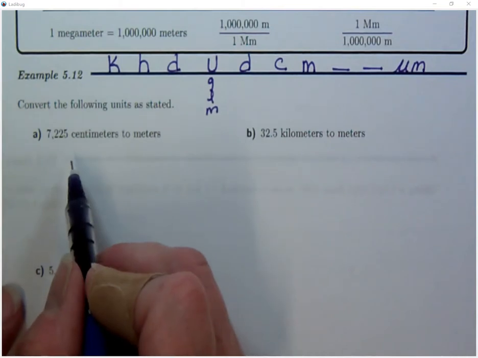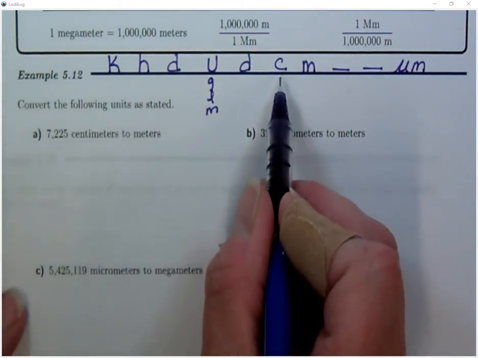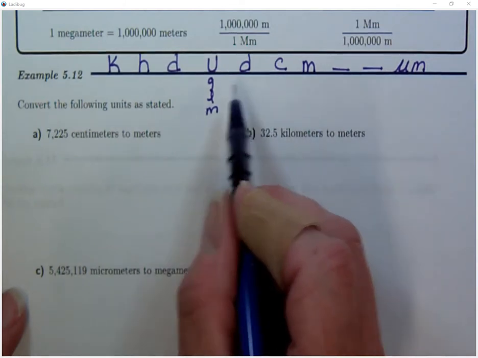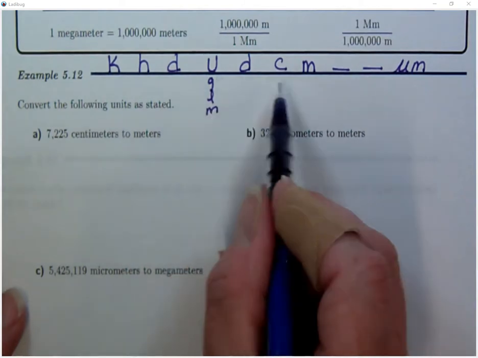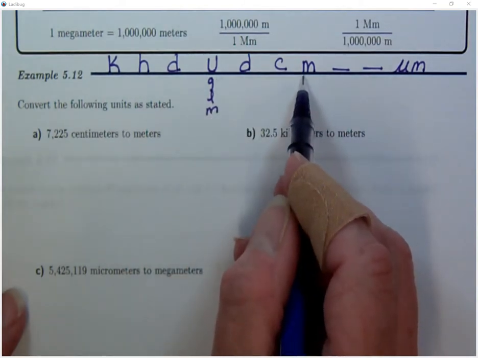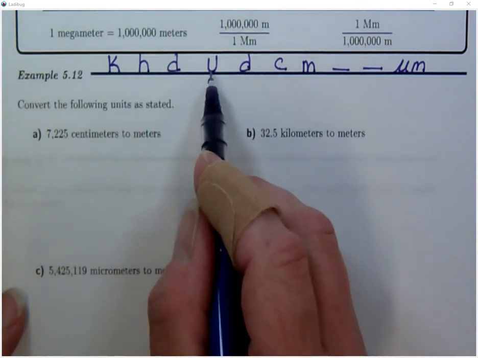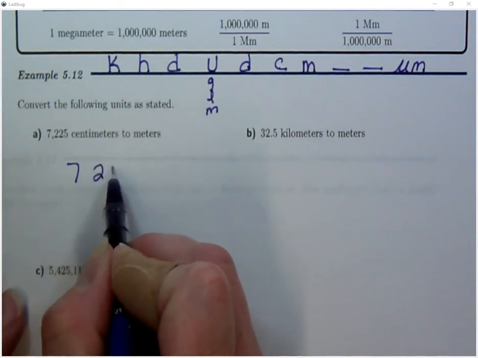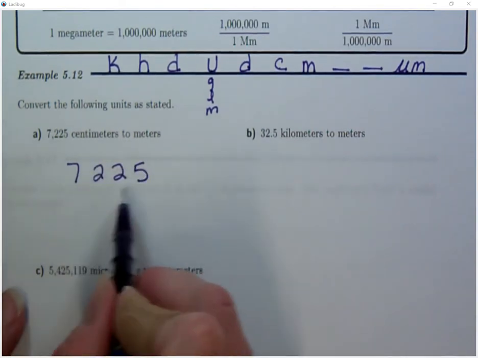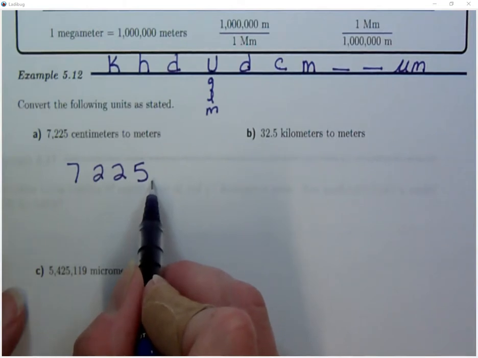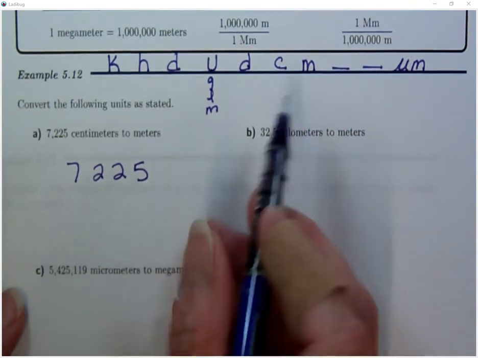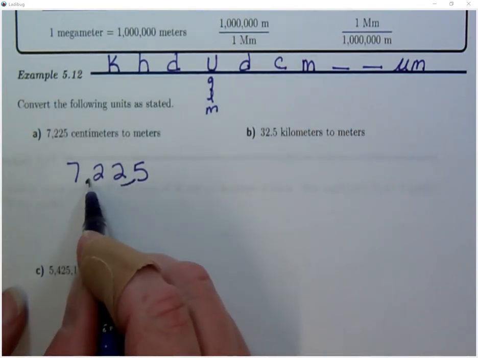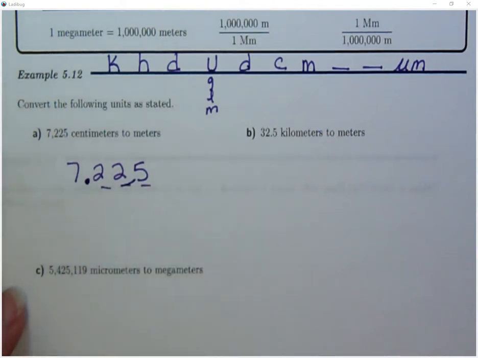But it tells us which direction to go. So if we're at centimeters down here, and I want to get over to meters, which is our unit for length, I'm going to have to go 1, 2, 3 jumps over. I will do that same thing here with my decimal point. If there's no decimal to be seen, it's understood to be at the end. And I know I need to go left by the conversion bar, so I'm going to go 1, 2, 3 places left.